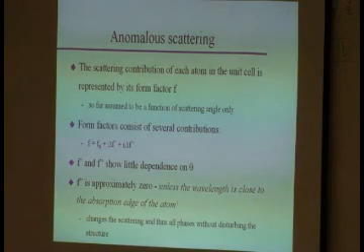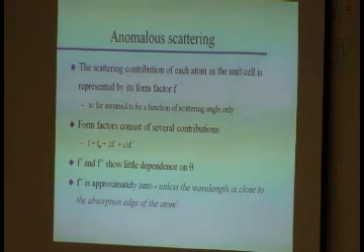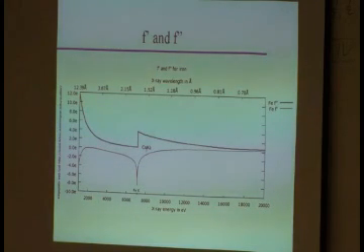Now, what does this F prime and F double prime stuff actually look like? Here's a plot for one element. I chose iron in this case. Here is your X-ray energy or the X-ray wavelength. They obviously correspond to each other. And here is the iron K edge. F double prime actually mirrors the absorption edge of your atom. So usually atomic absorption looks something like this.